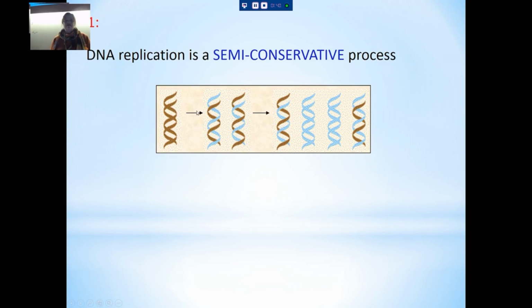And this old strand here, on the next round of DNA replication, you end up with something that looks like this in pattern. So it's semi-conservative. One strand remains associated in the new DNA, and one strand is newly synthesized.